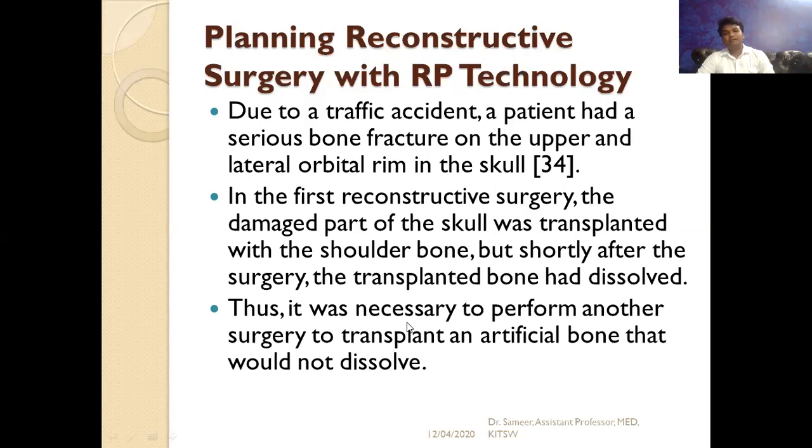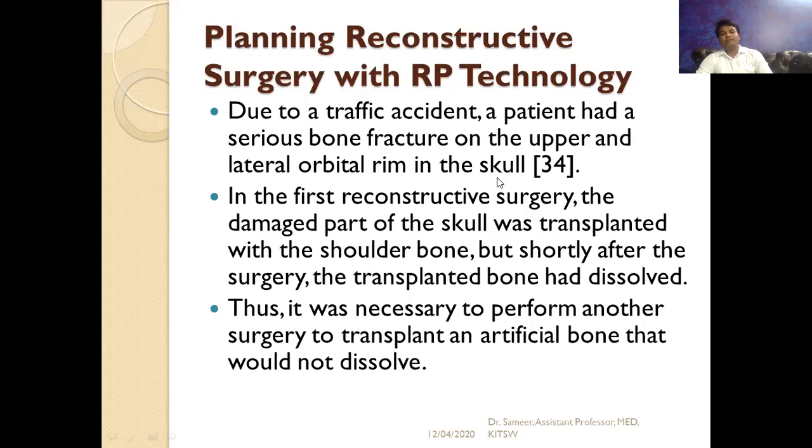Another example is planning reconstructive surgery with RP technology. In one example, due to a traffic accident, a patient had a serious bone fracture on the upper and lateral orbital rim in the skull.